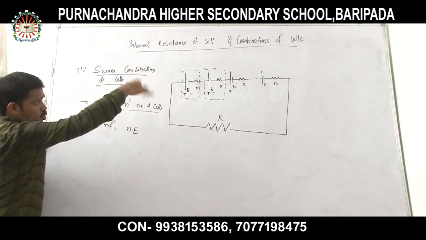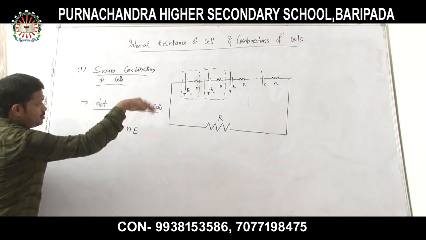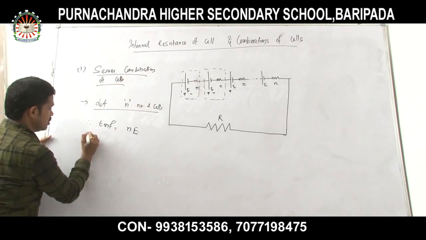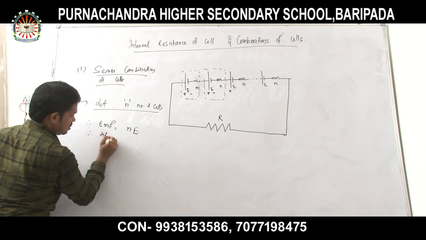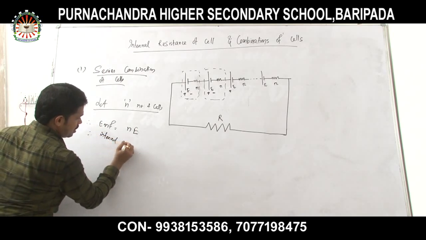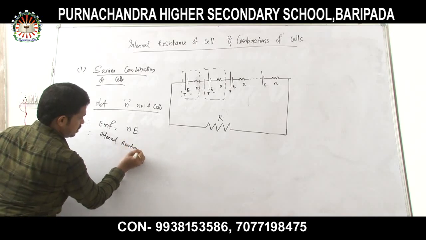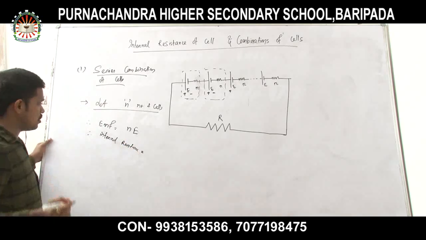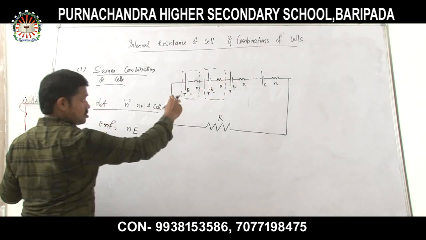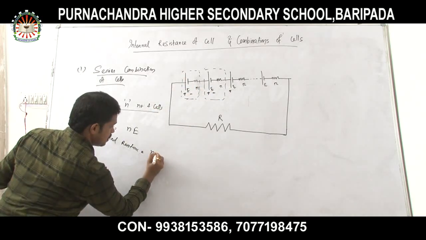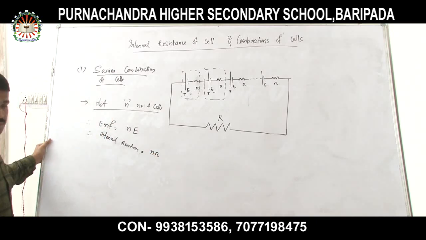So now the total EMF of this circuit becomes nE. Similarly, the net internal resistance becomes how much? The internal resistances also are in series, so this is nr. Very simple.